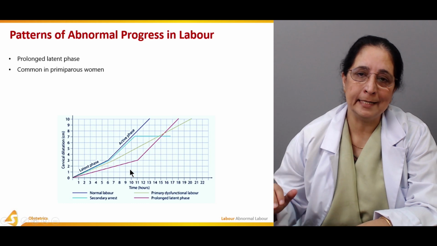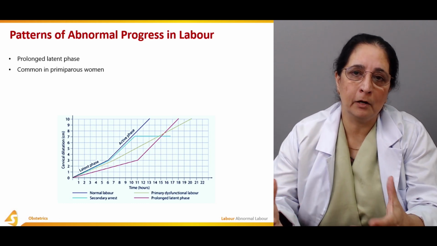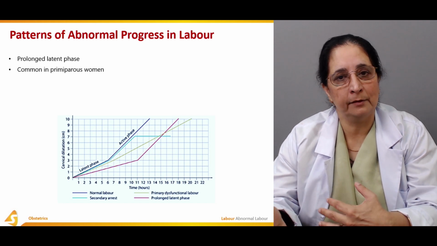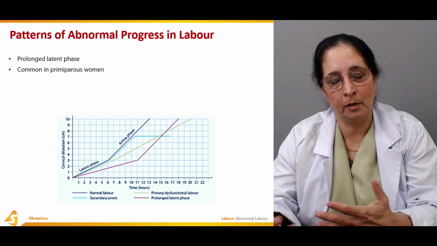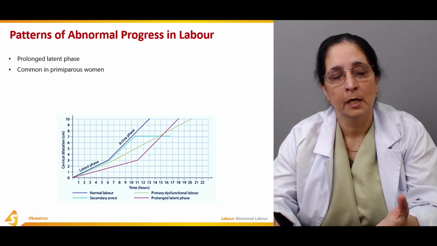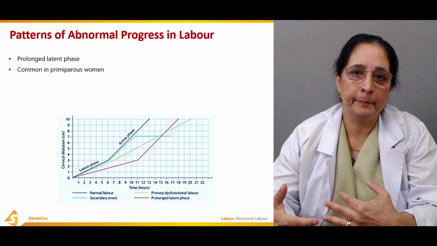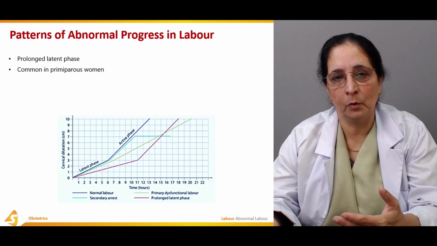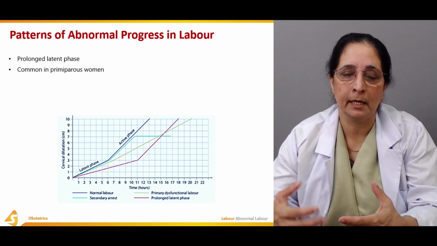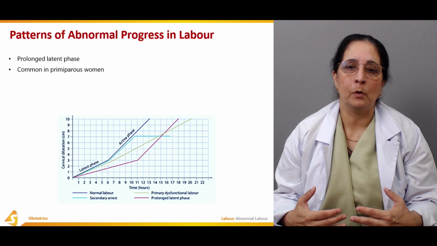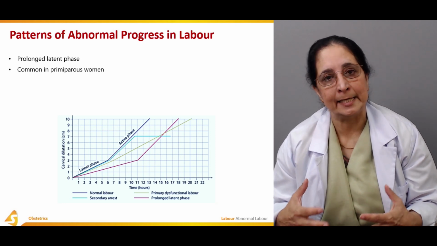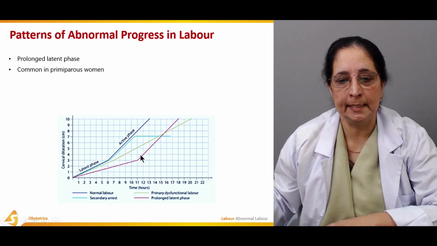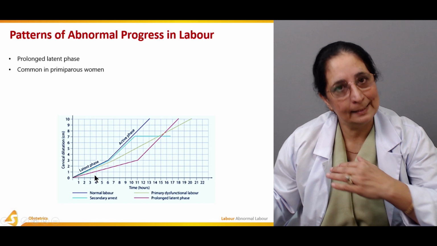Usually when they feel the pain and contractions begin, because it's their first pregnancy, they hurry to see the doctor or come to the clinic. But on vaginal examination, the cervix hasn't started to open up, or there is no effacement. So usually the obstetrician sends them back home and tells them that it will take some time. So in primiparous women, or in the first pregnancy, this is the prolonged latent phase.